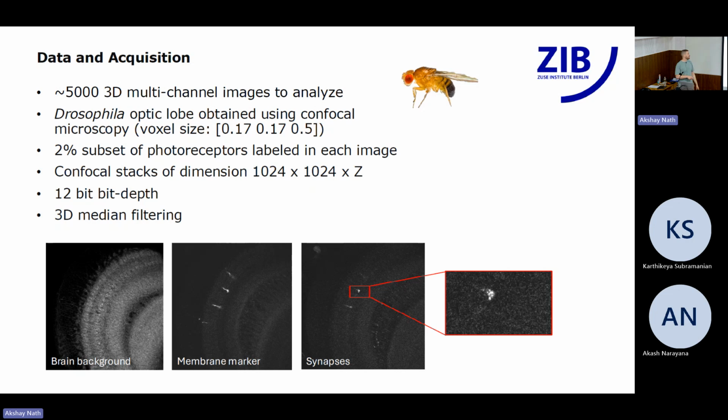So what kind of data do we have? As I said, 3D, three-channel data of the fruit fly optic lobe obtained with confocal microscopy, and the voxel size is anisotropic.